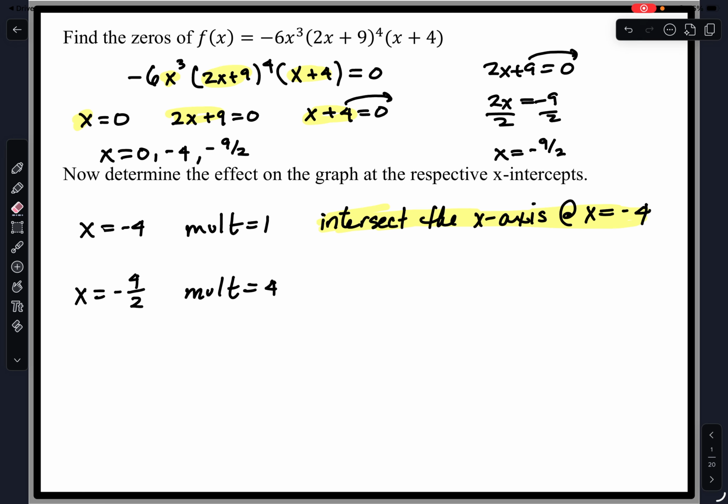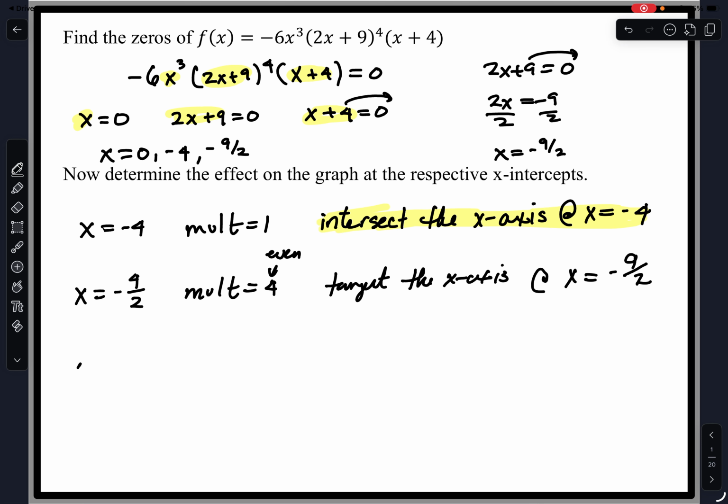Well, what's the effect of that being an even number? The effect of this number being even is that the graph is going to be tangent to the x-axis at that location of negative 9 divided by 2.